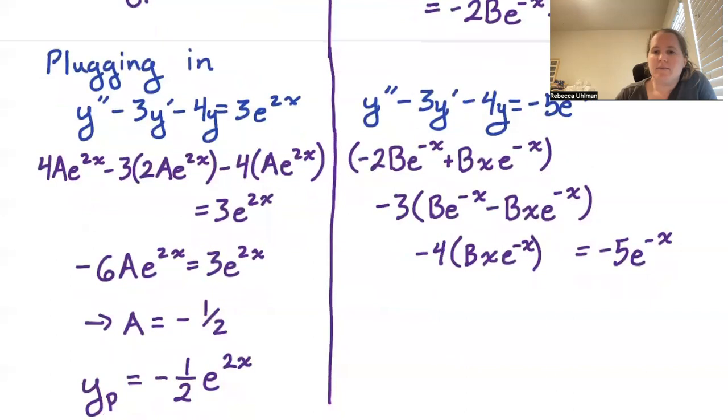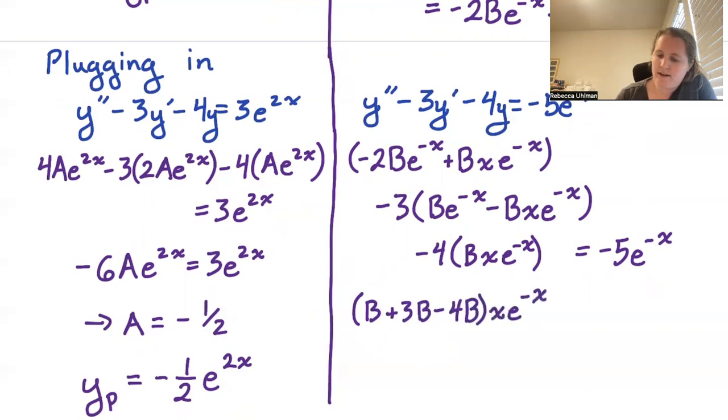So with this, we have our x terms cancel out because we would have b plus 3b minus 4b times x e to the negative x. That's good. So that cancels out. And then we also have a negative 2b minus 3b times e to the negative x.